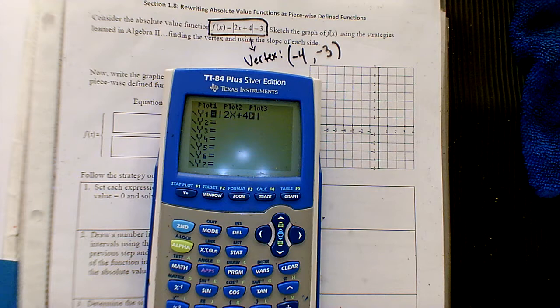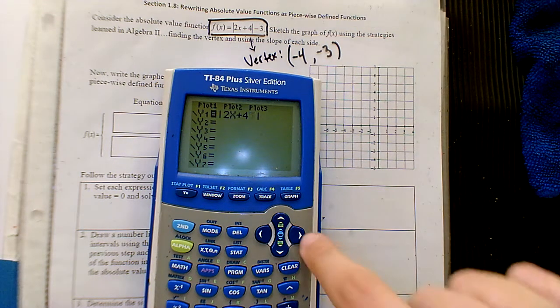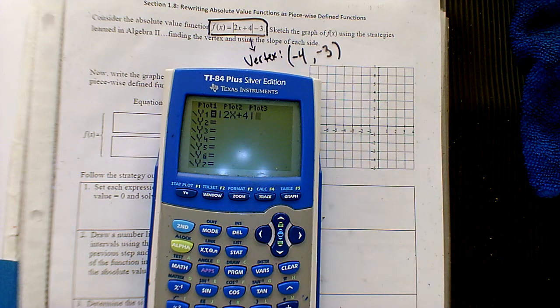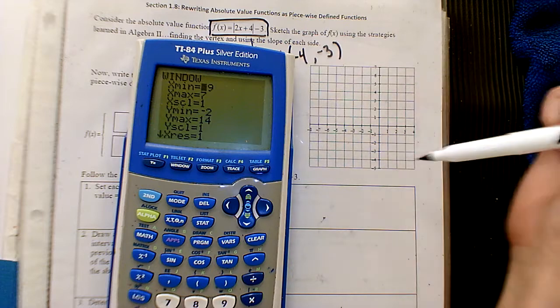Got it? Okay. Now, our equation still has a -3, so you have to arrow over to get out of the bars, and then you can hit -3. Before we hit graph, we need to hit the window button to make sure we can actually see what we want to see. And we're going to use the window from the graph on our paper.